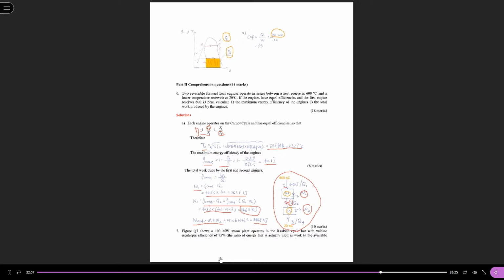Okay, if no question, let's work on the last question together. The last question is a forward heat engine again, on a steam plant.